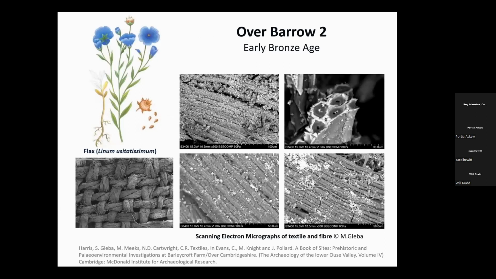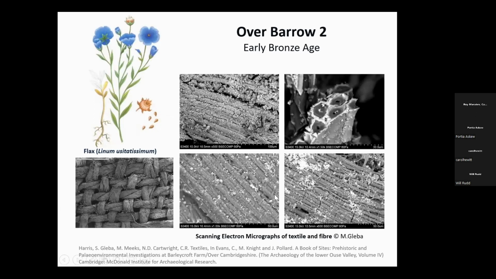So this is the analysis to look at the fibres the textiles were made from, carried out by my colleague Margarita Glaber. This is using scanning electron microscopy to look at the individual fibres used to make the yarns.